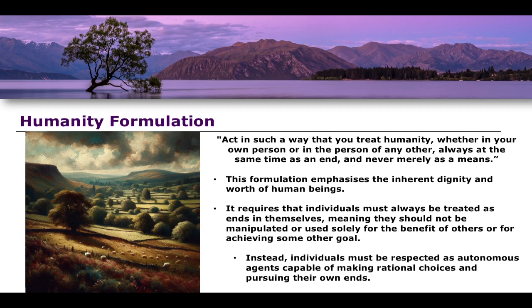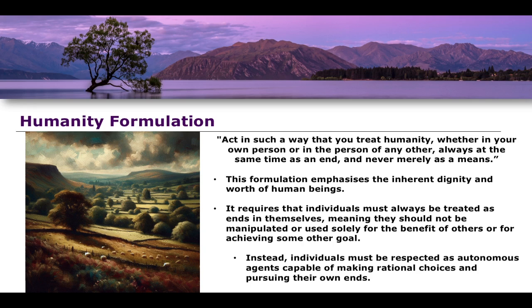What it essentially allows for us to do and requires of us is that individuals must always be treated as an end in themselves, rather than being manipulated and solely utilized for the benefit of achieving some other goal, i.e. never as a means to an end. Instead, individuals must be respected as autonomous agents capable of making rational choices, and in that similar vein, they should have the ability to pursue their own ends.